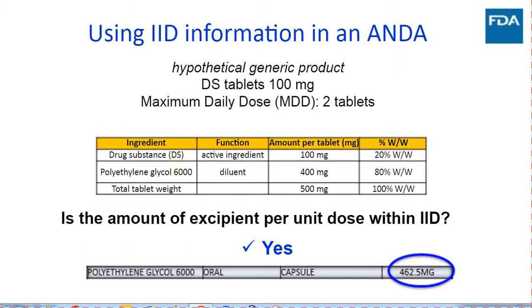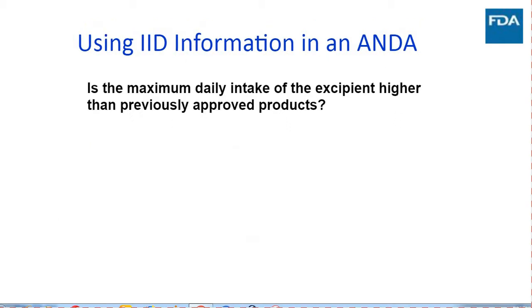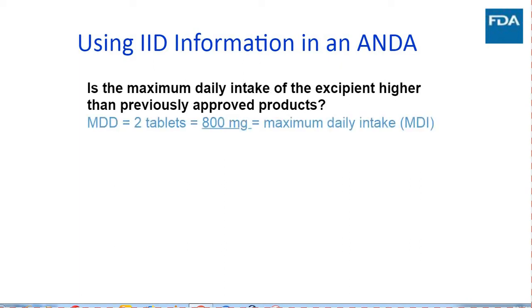And unfortunately, that information does not exist in the IID today, nor is it available in any type of FDA database at this time. So is the maximum daily dose higher than previously used products is the key question. And here we see that the maximum daily dose is 2 tablets, which is equivalent to 800 milligrams of the polyethylene glycol 6000, and that equals the actual maximum daily intake in the drug product.